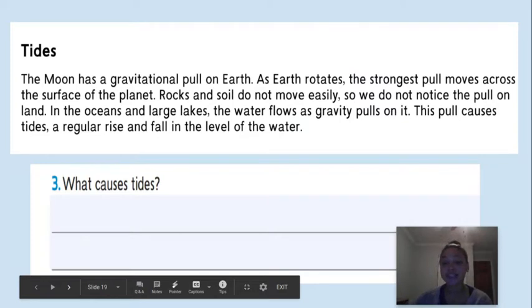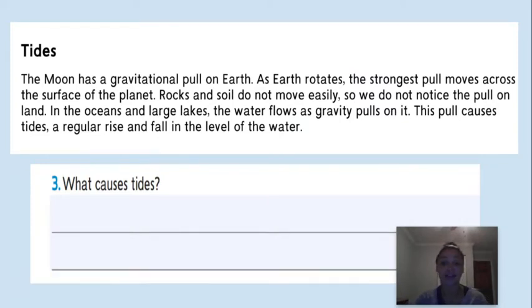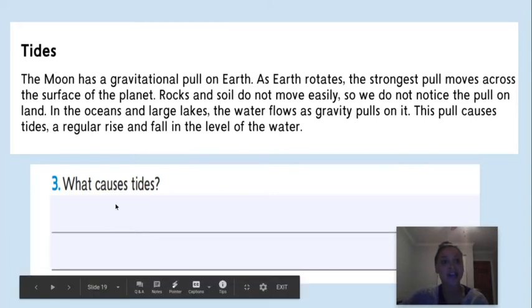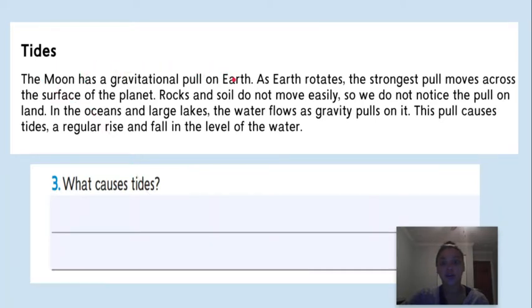Okay, the first vocab word we're going to read about is tides. And we're going to read this paragraph, and I want you to think of this question as we're reading. What causes Earth's tides? And some of you maybe already have an idea of what the answer is to this from lesson 1. Let's read this together. It says, the moon has a gravitational pull on Earth. As Earth rotates, the strongest pull moves across the surface of the planet.